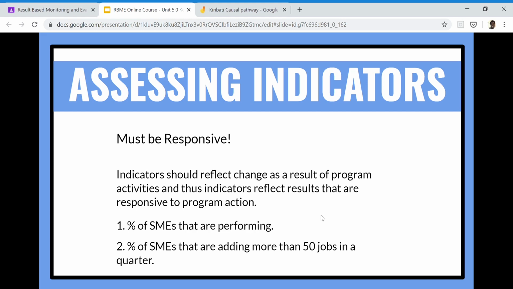To quickly recap, indicators are measures of events, measures of occurrences, measures of the activities that have been planned for a particular program. Indicators can be numerical or non-numerical as well.